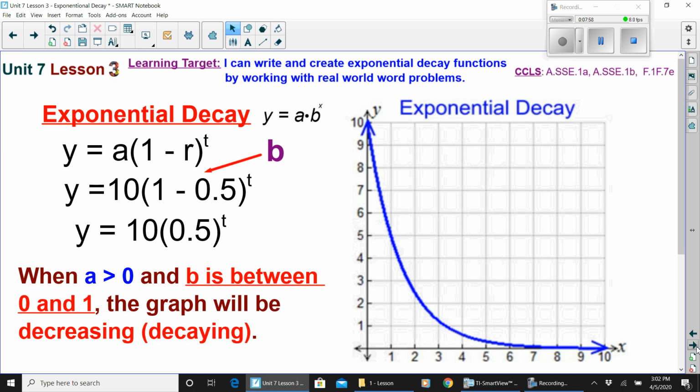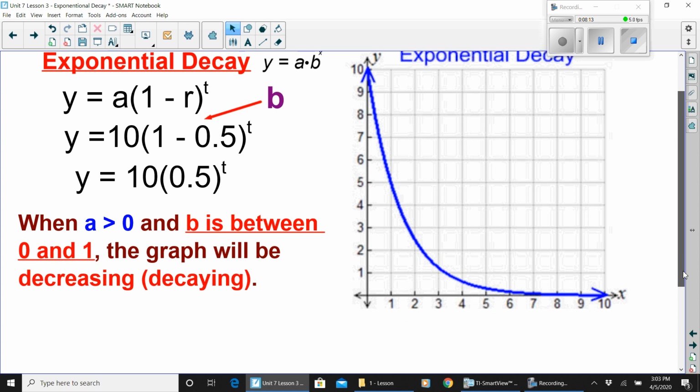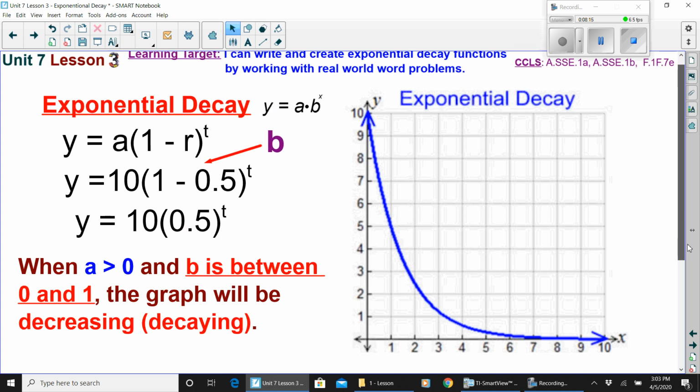And you notice that in the parentheses, it's 0.5 now. It's not a number that is greater than 1. It's a number that is less than 1. B is going to be in between 0 and 1 for decay. And you can always tell an exponential decay graph because it's going down instead of up. Exponential decay goes down.